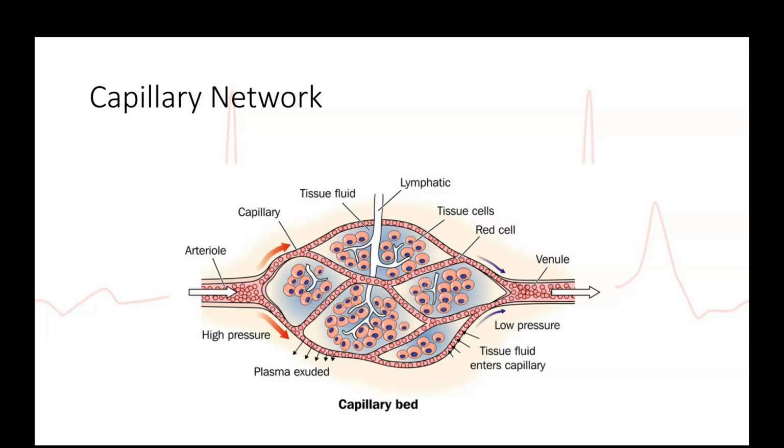Okay, so blood flows down even more into the capillaries. The capillary walls are only 1 cell thick. If you can get a good picture there, the capillaries are very, very small. Their walls are only about 1 cell thick. This is important with regards to gas exchange. Okay, this gives us time for gas exchange to take place.